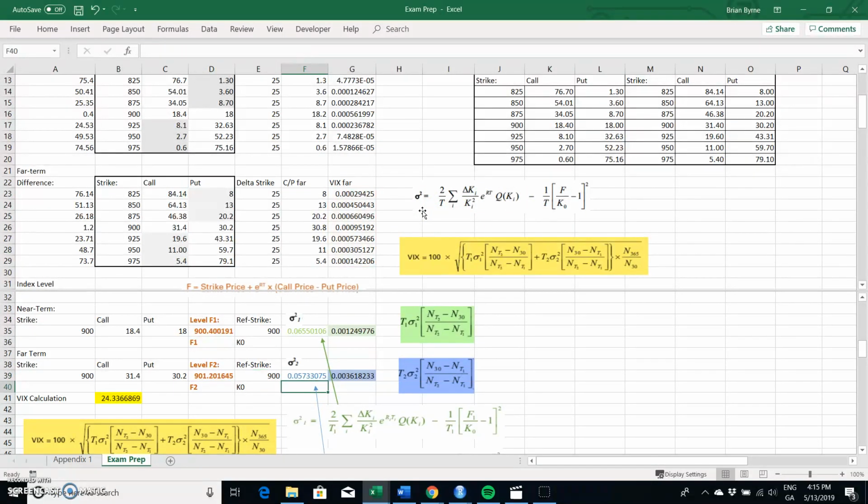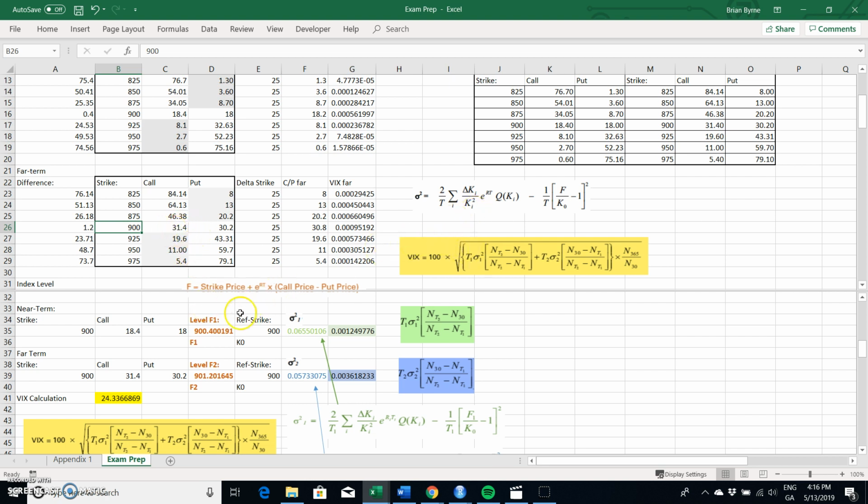Important to note here in this estimation that for the variance, we need an F and K0. We've already identified K0 as being the exercise that is consistent with the call and put, where the difference is minimized between those values.